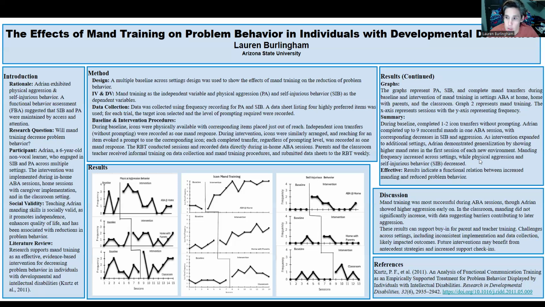Now, in baseline, whether she could discriminate or not was really unknown. We just saw that she had the interest in grabbing the icons. So the procedures during baseline, as I mentioned, looked like, if she successfully grabbed an icon and handed it to an adult or a nearby person, it was 1 in frequency.